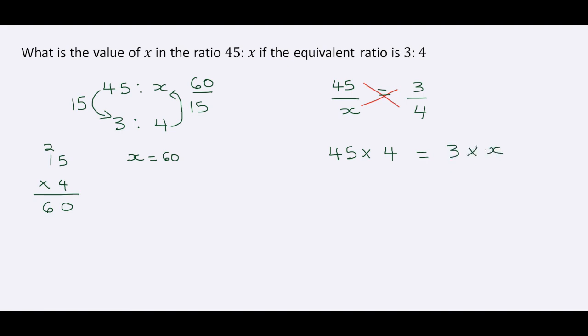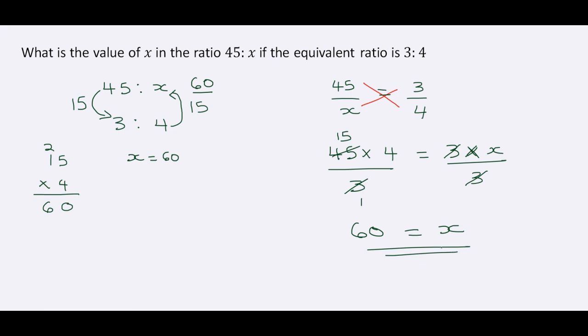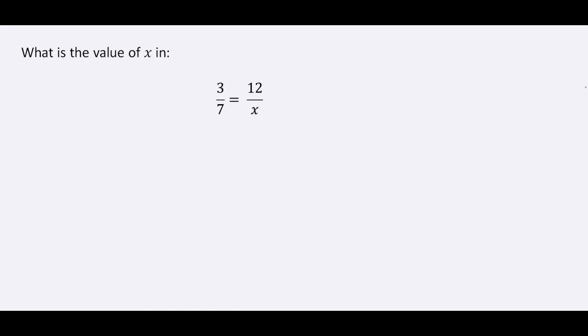So we're looking for the value of x, so we're going to divide both sides by 3. So 3 crosses out here, 3 crosses out here, 1, and then 45 by 3, we have 15. 15 times 4, 60 equal to x. So the same thing. So whichever method you prefer, go for it.